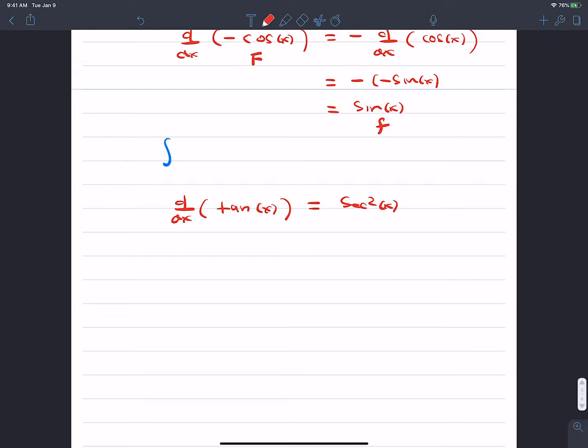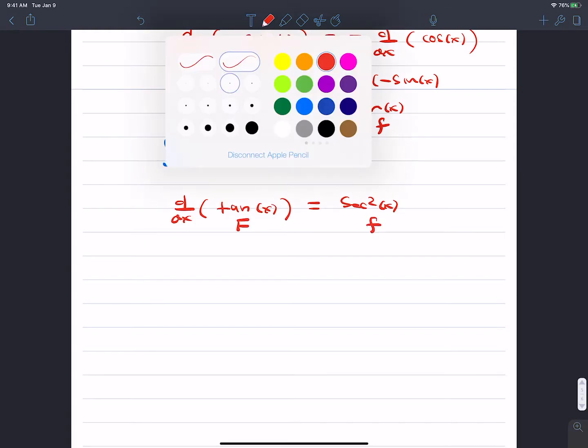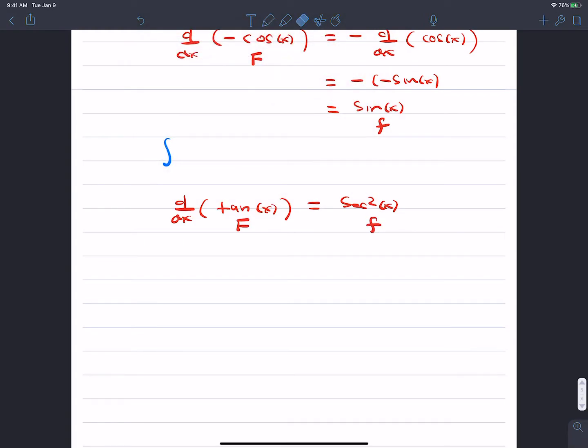Secant squared. So this is my antiderivative. This is my function. So we're going to say now, if I integrate secant squared, what's the antiderivative? Tangent. And don't forget to add your what? Constants.